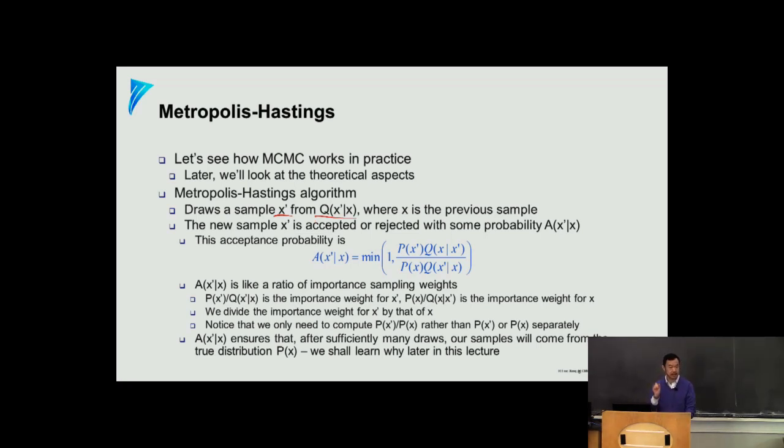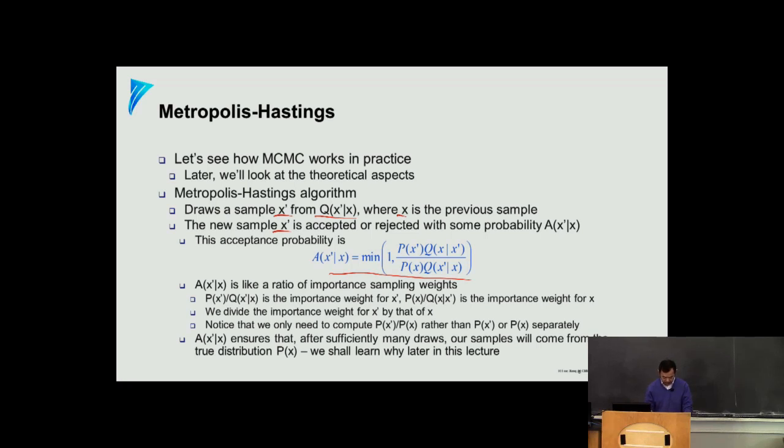You draw a sample, x prime, from a proposal, which is sometimes known as the transition kernel, because it is transitioning from the old example to the new one. x is the previous example, and then you have a new example. Then you determine whether to accept or reject, and we use this acceptance probability, which is the ratio of the importance sample weights.